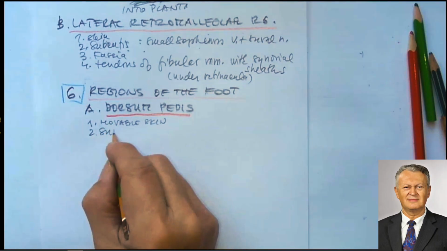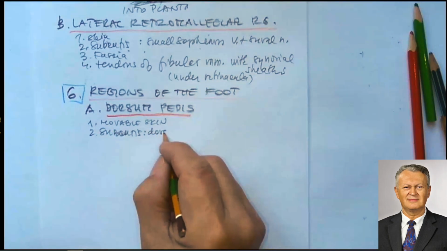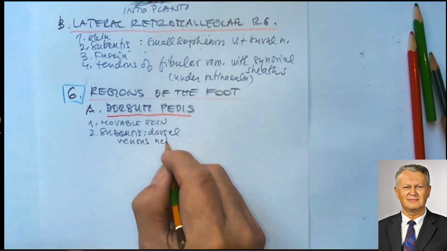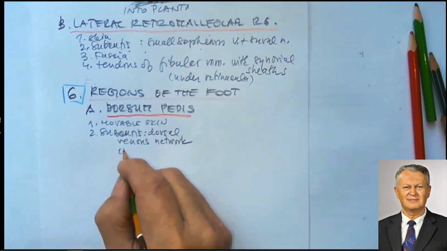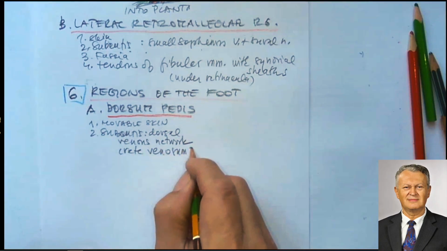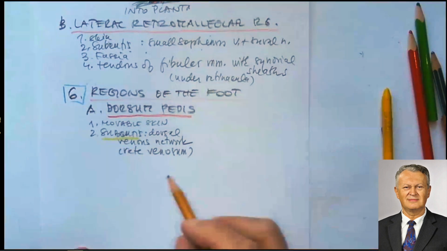In the subcutis, we have the dorsal venous network, rete venosum. Not bad to add also the second name, rete venosum dorsalis pedis, sufficient.